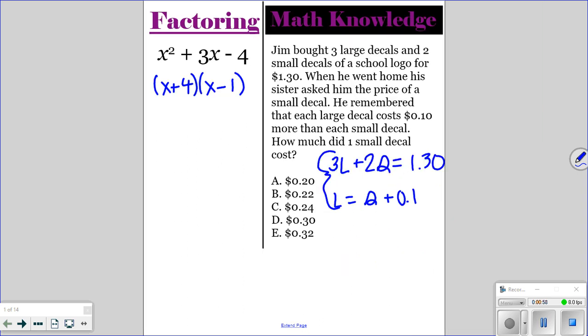And so you can plug s plus 0.1 into here. Alright, so you distribute your 3.